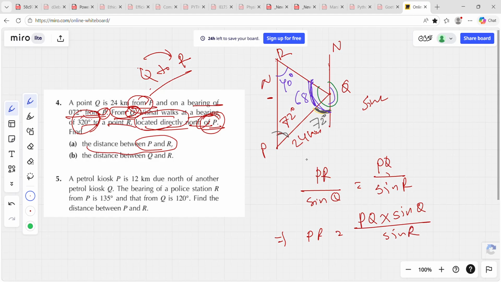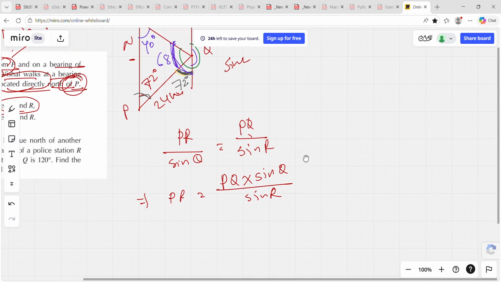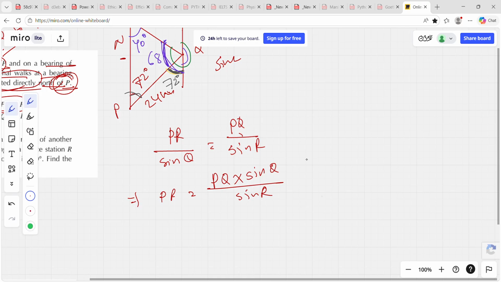Okay, so if we go this way, we need to find the PR. So PQ is what? PQ is 24. PR is equal to 24 times sine Q. So Q is equal to 68 degrees, sine 68 degree. Sine R is sine 40 degree.